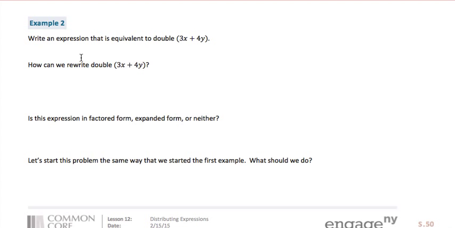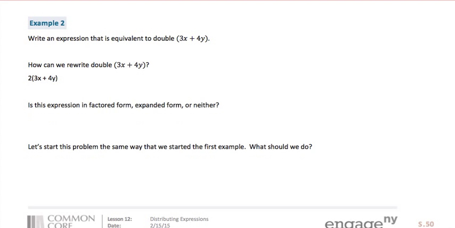So we continue on. We're going to write an expression that's equivalent to doubling 3x plus 4y. So we would write that as 2 times (3x plus 4y), because doubling is the same as multiplying it by 2. Then they ask us, is this expression in factored form, expanded form, or neither? Now it's in factored form because we have a factor outside of the parentheses.